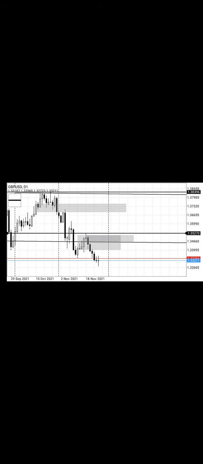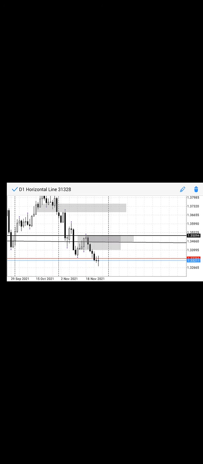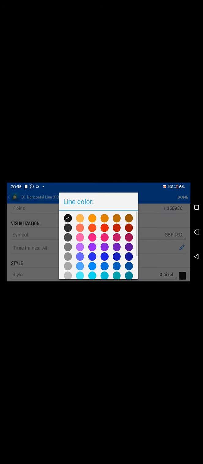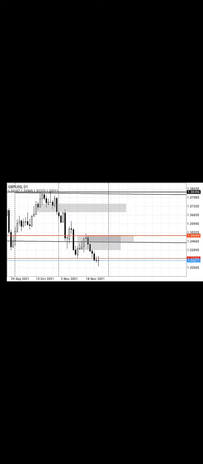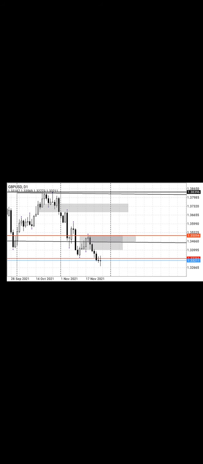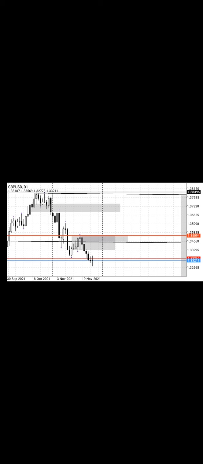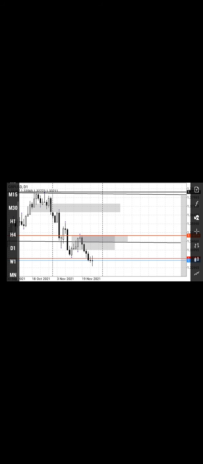So what am I going to do? I'm going to put a red line there, meaning I'm not expecting price to go all the way up to come down, because we are near this level.